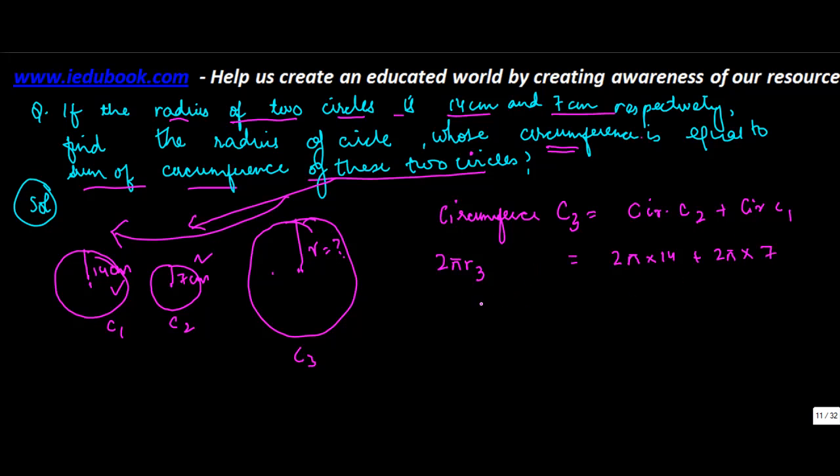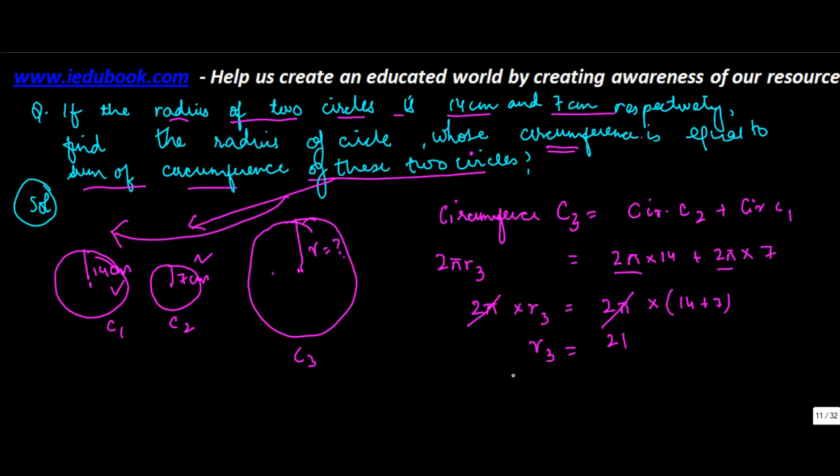Right? So now you can also write this as 2 pi into r3 is equal to, can we take 2 pi as common in this also? 2 pi into 14 plus 7. So this 2 pi gets knocked off with this 2 pi. So we get r3 is equal to 21.